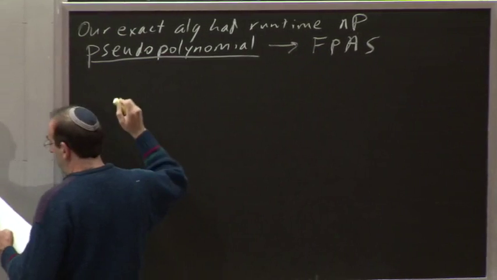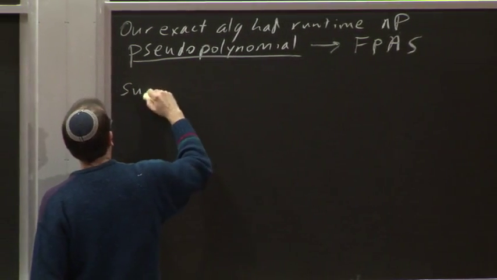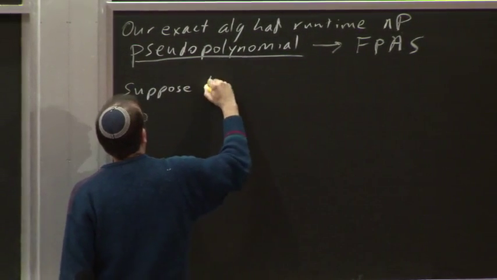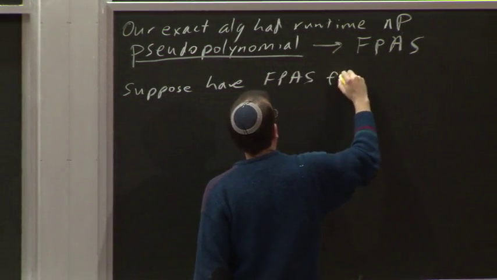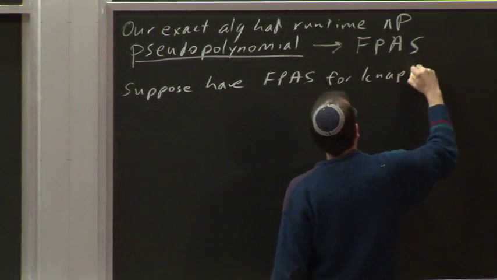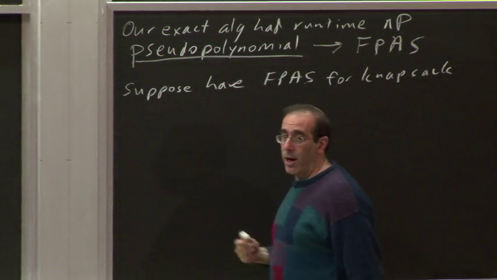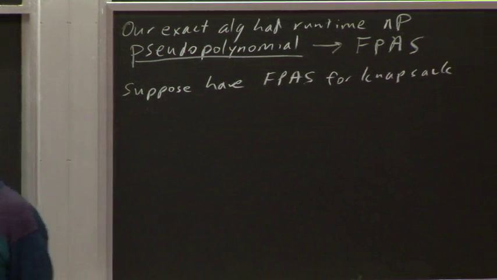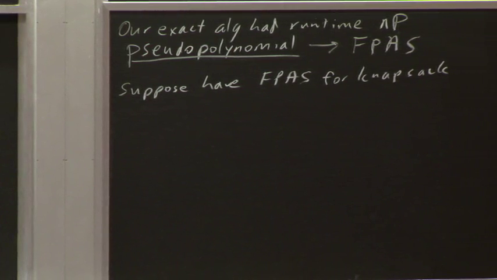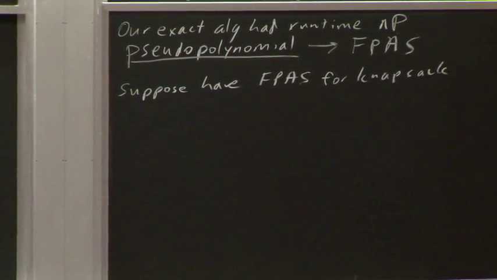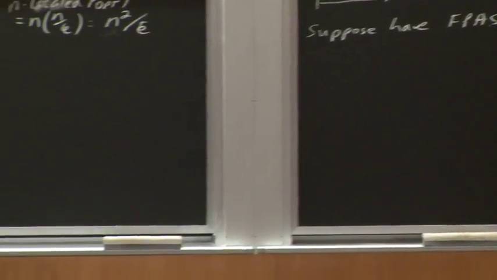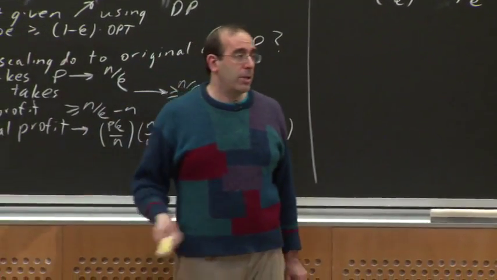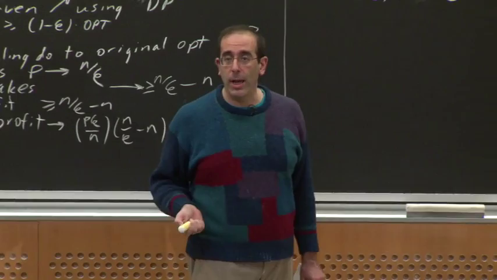Suppose that we have a fully polynomial approximation scheme for Knapsack. This isn't very hard to suppose because I just gave you one. But suppose I have any fully polynomial approximation scheme for Knapsack. I'm going to give a generic transform that turns that into a pseudo-polynomial algorithm.